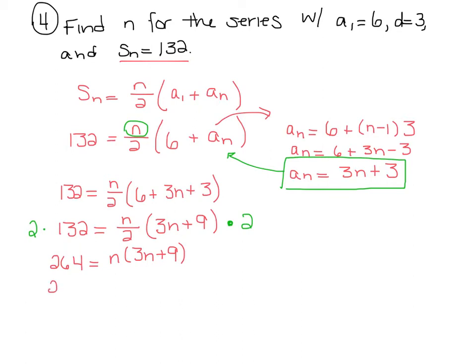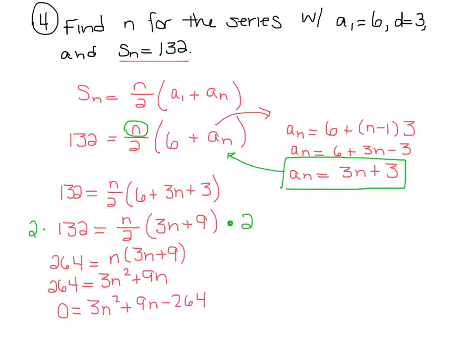Or, better yet, 264 equals 3n squared plus 9n, leaving us something that we can most likely factor. 0 equals 3n squared plus 9n minus 264.